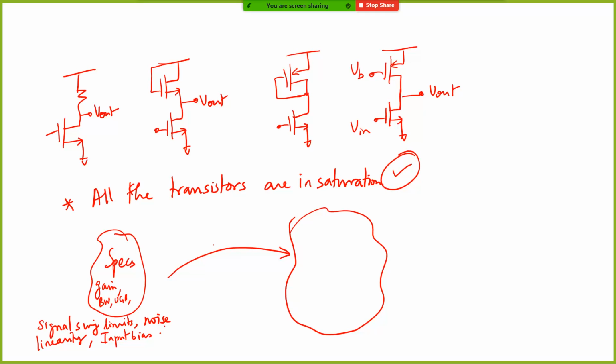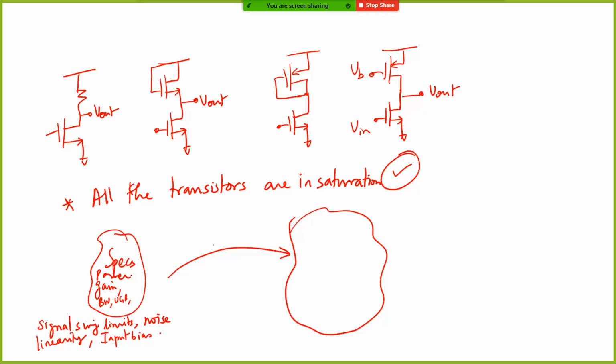Now, one important spec is also power. Many times you end up with a power budget. That is, the op amp which you are designing should not consume more than 1 milliwatt. Which means that all the currents drawn in your circuits should be such that the power is less than 1 milliwatt. So if you are using, let's say, a 1 volt supply, you have to draw less than 1 milliamp.